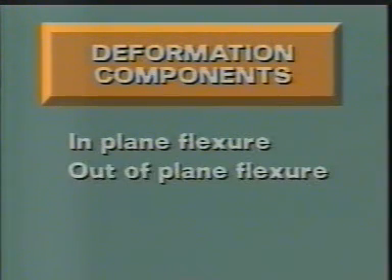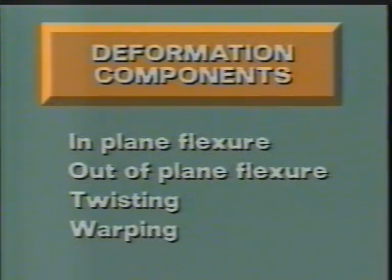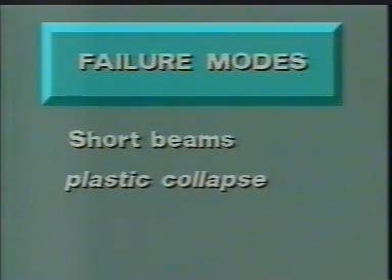Reviewing the major features demonstrated, it has been seen that the response of a beam to loads may involve three distinct deformation components: in-plane flexure, out-of-plane flexure, and twisting. This may also be accompanied by warping. For short beams, failure will be by plastic action.